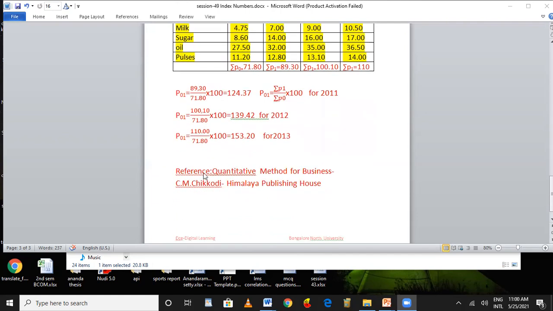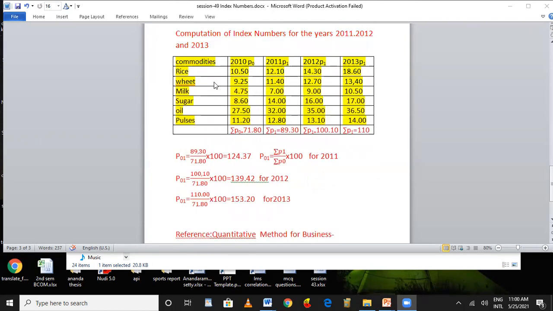Now we can compare these, and it is helpful for decision makers. However, only the prices of the commodities for the different years have been considered. It is very easy to calculate, easy to interpret, and anyone can understand it.